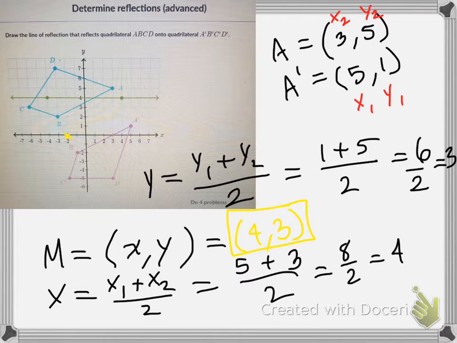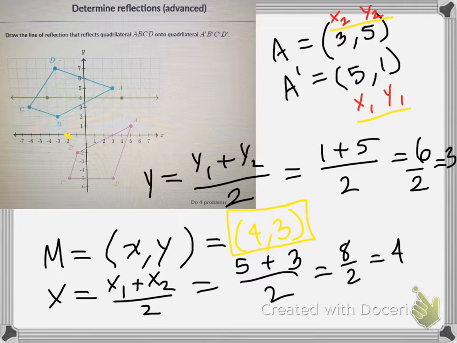Okay, I moved things around to make more space. Hopefully you got exactly what I got, which is 4 and 3. I want you to notice that I changed things around to show you that you can do it either way. You don't have to label one x1, y1. You can do opposites.